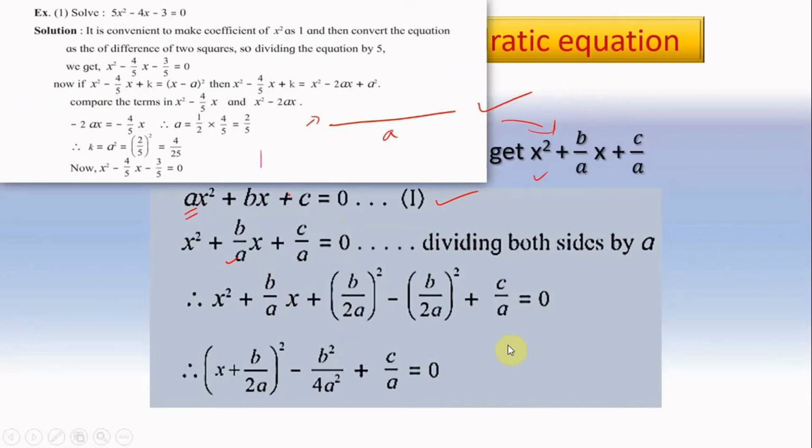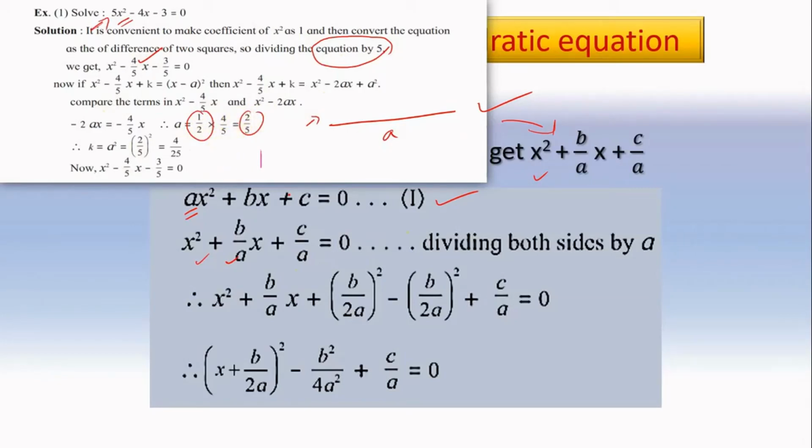Just go to example number 1 in your textbook, where the question was 5x square. In order to remove 5 from here, we had divided the whole equation by 5. The same technique is used over here to remove a. Thereafter, we divided the second term coefficient 4 upon 5 by 2. That was another technique used.